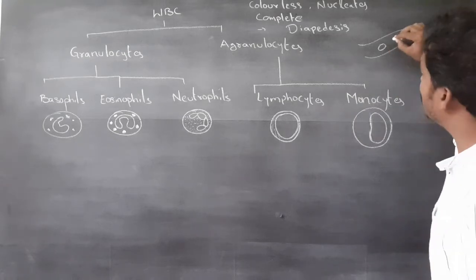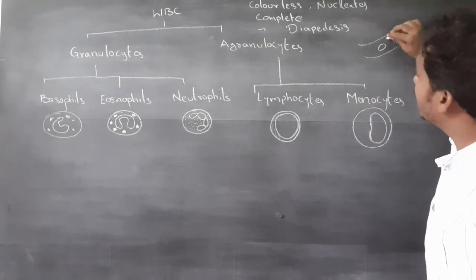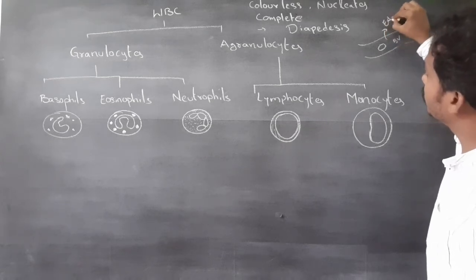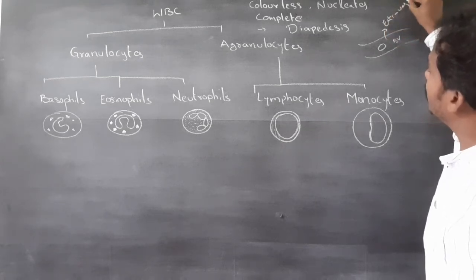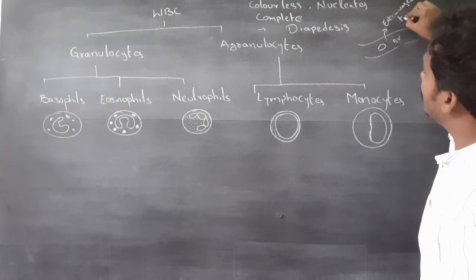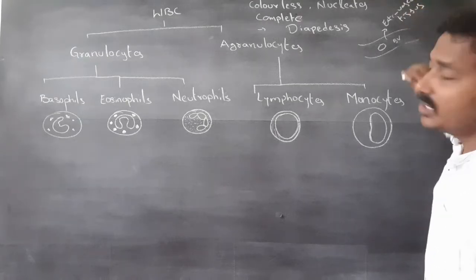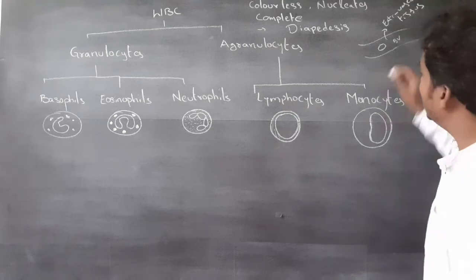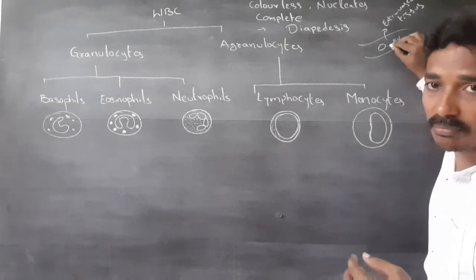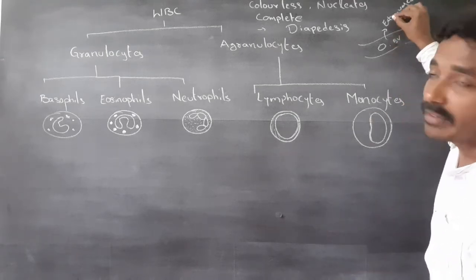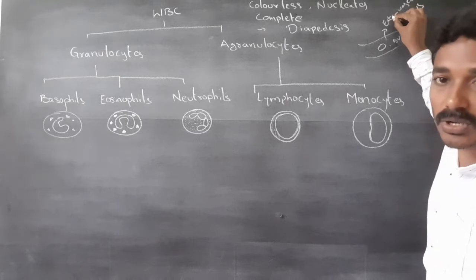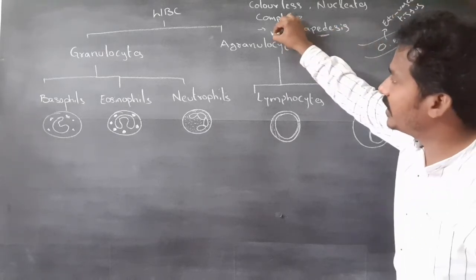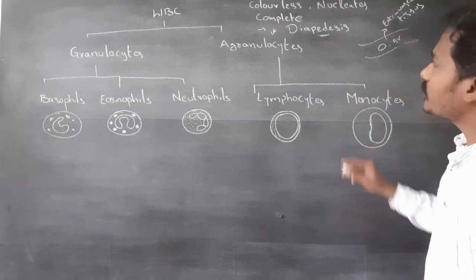WBC migrates from blood vessels to extravascular tissues. During allergic infections, WBC migrates from the blood vessel to extravascular tissue. This process is called diapedesis. Important: diapedesis.